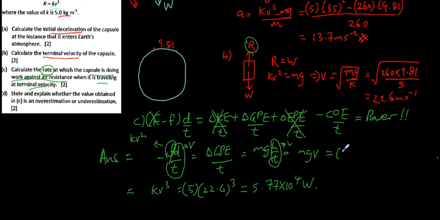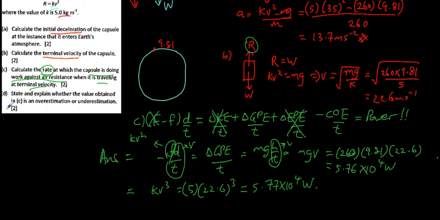M is 260, g is 9.81, v is 22.6. You will get about 5.76 times 10 power 4 watt. So they are very close to each other.